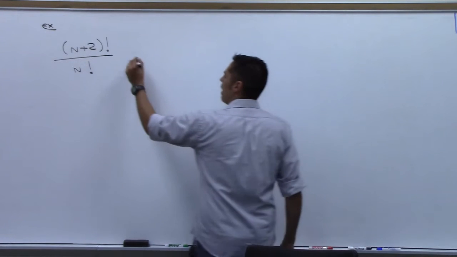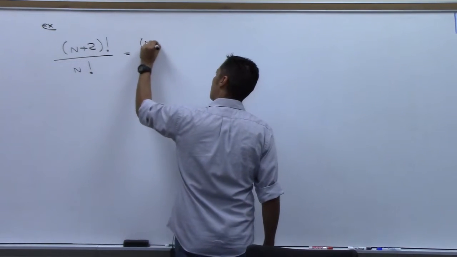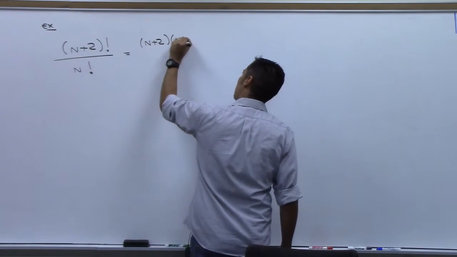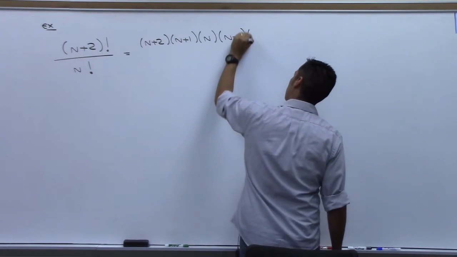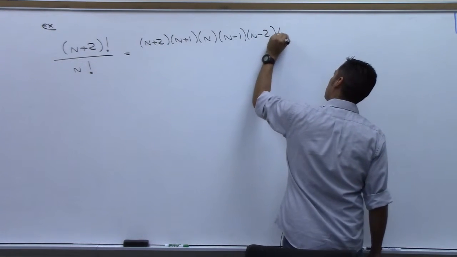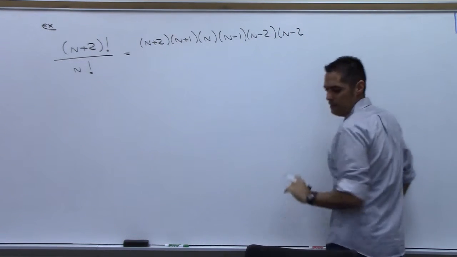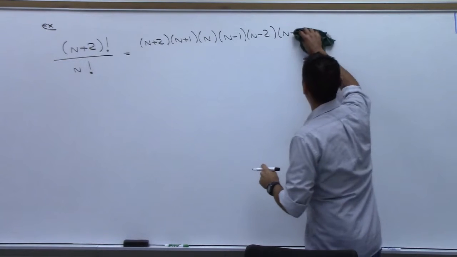Well, n plus 2 factorial on top is n plus 2 times n plus 1 times n times n minus 1 times n minus 2. And I keep doing this all the way till I get down to where? To 1.